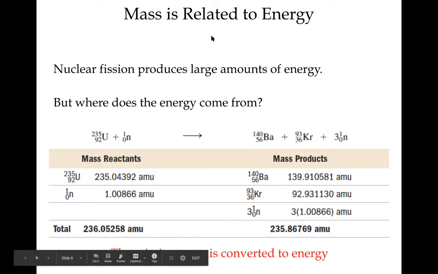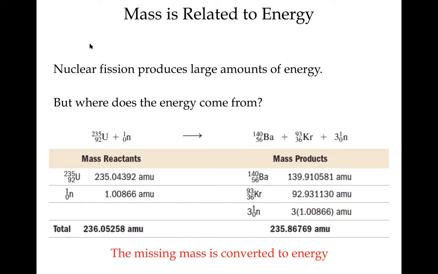So if we have uranium-235 breaking down into barium and krypton, if we took the total AMU based on the uranium-235 itself and the particles, we could then say that it's 236.05258 AMU.